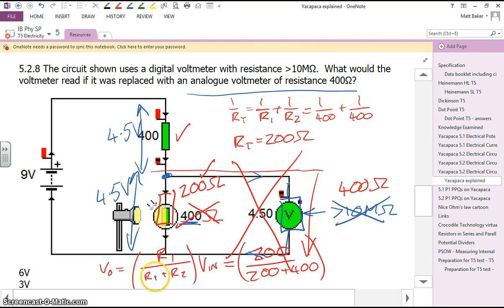So you can see it's just ratios. That's 1/3 of 9 volts, and 1/3 of 9 volts is 3 volts. There's our answer.